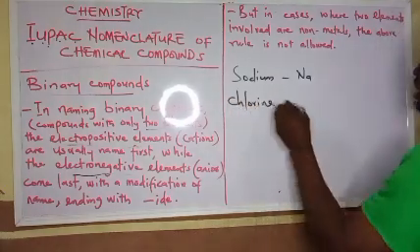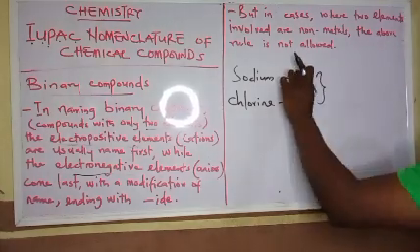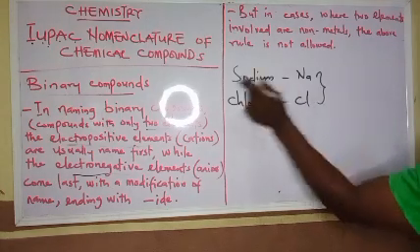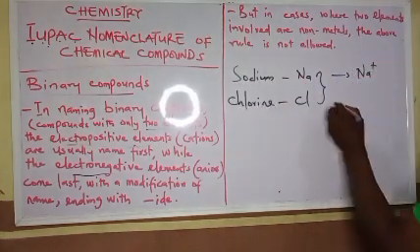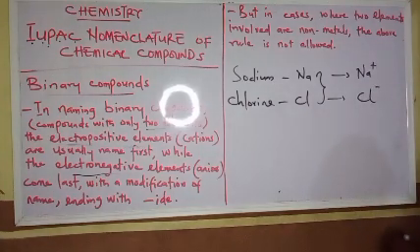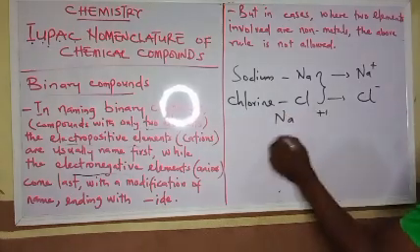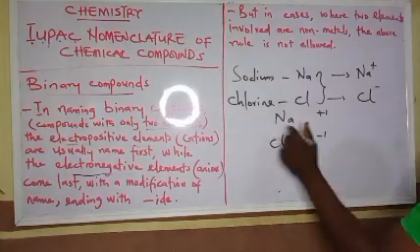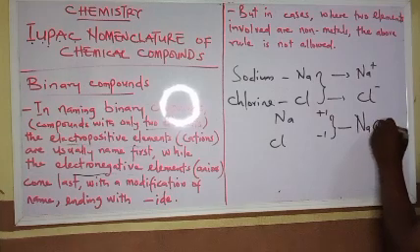The combination of sodium, Na+, and chlorine, Cl-: one loses an electron and the other gains the electron. When they combine together, they form what we call sodium chloride.